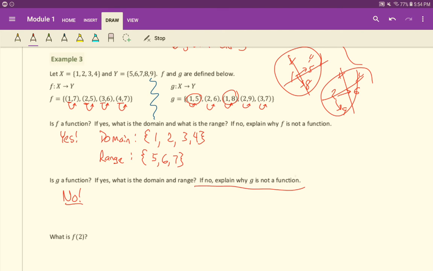So if no, explain why g is not a function. Well, we just did that, right? So you can use either one of those two examples, the 1 or the 2 that gets paired with both y values. You could also use both, but only one's really necessary.